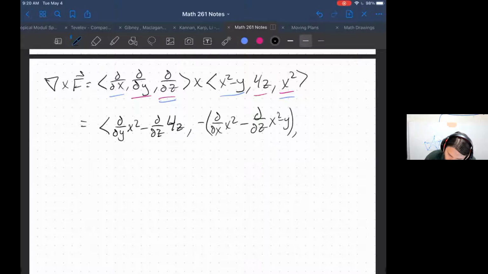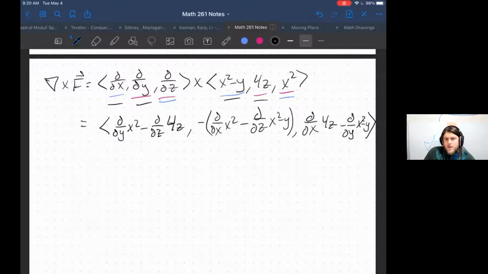And in our third component, del del x of 4z minus del del y of x squared minus y. Right, so this is the curl vector.